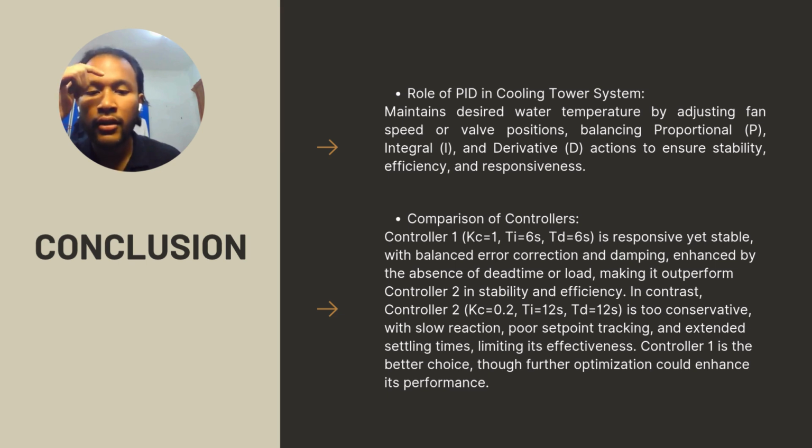For control 2, KC is 0.2, TI is 12 seconds, and TD is 12 seconds. It is too conservative, with slow reaction to set point tracking and extended settling time, limiting its effectiveness. Control 1 is the better choice for its optimization and overall performance.